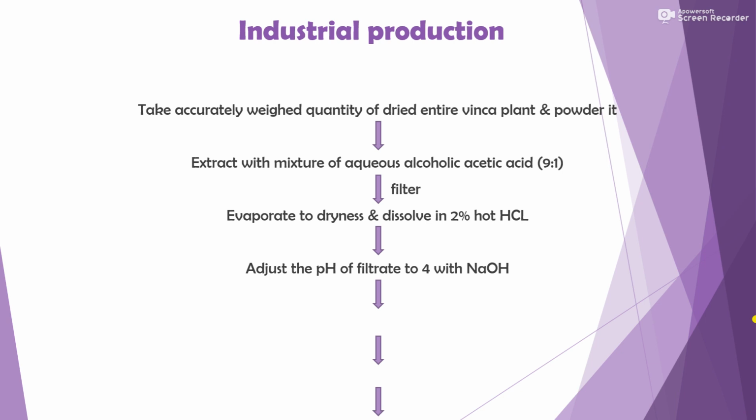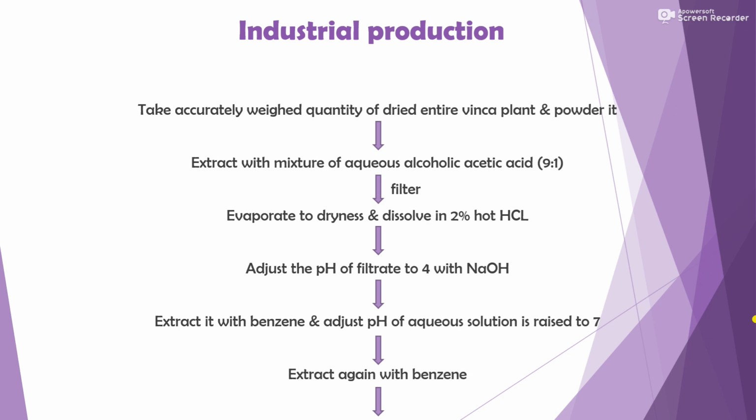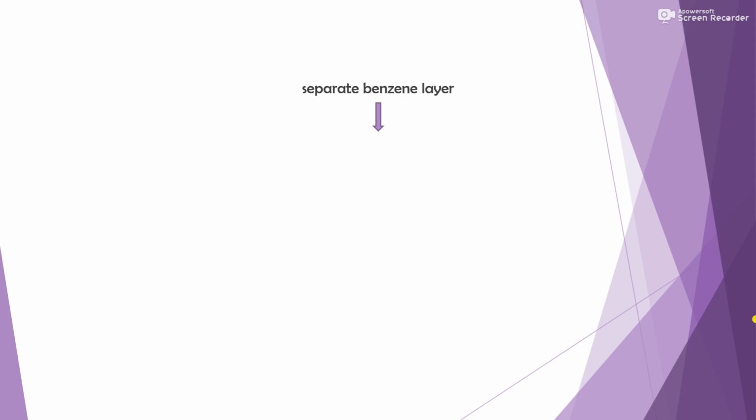Adjust the pH of the filtrate to 4 with NaOH. Extract it with benzene, then raise the pH of the aqueous solution to 7. Extract again with benzene. Separate the benzene layer, evaporate it, and the crude alkaloidal residue is obtained.